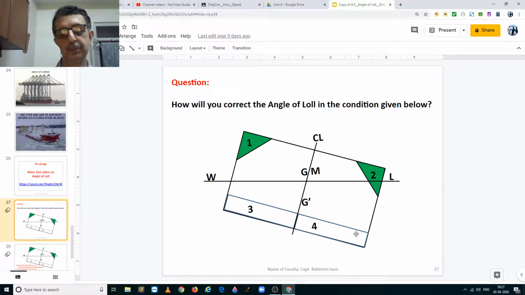You can assume number 1 and number 2 to be 1000 tons each, and number 3 and 4, since they look bigger than 1 and 2, you can say that they are 1500 tons each capacity. So please work this out, for your own practice, and you will be able to get the idea of how to correct the angle of loll in such a situation also.